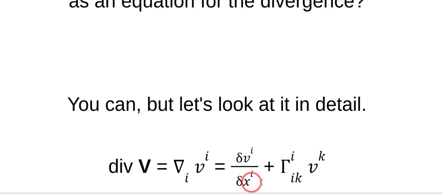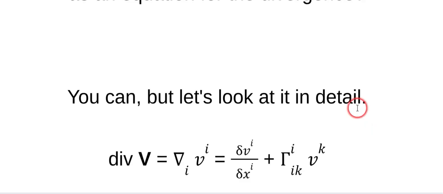Then it's a plus sign because this is contravariant, and you add the Christoffel symbol times a vector component. You see this i has to match that i, and this k has to match that k. Then you're left with nothing, so there are no free indexes in this expression. These are all summation indexes, and this is a double sum.